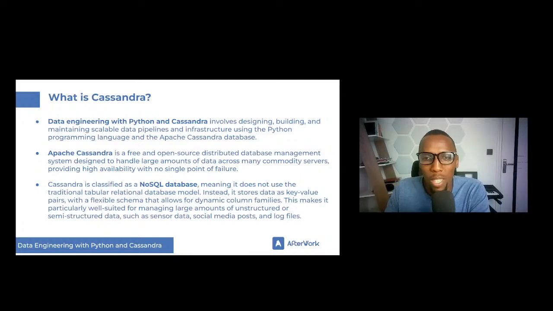So if you have some data that you want to store in Apache Cassandra, that data would be distributed across those clusters. And technically, when you drill down, a cluster is usually a collection of nodes. So data would be stored in multiple nodes.